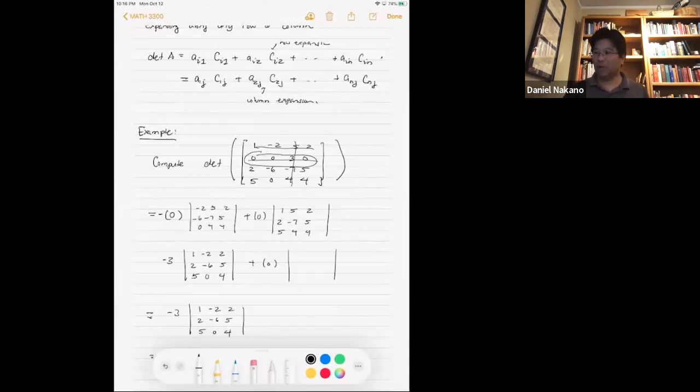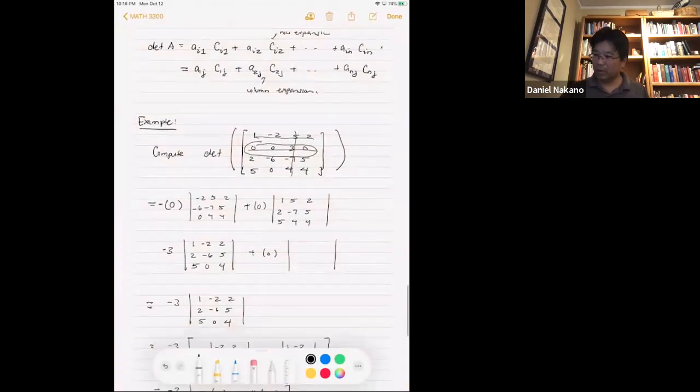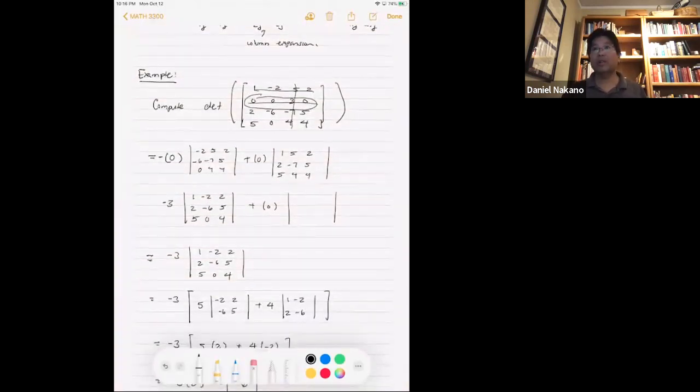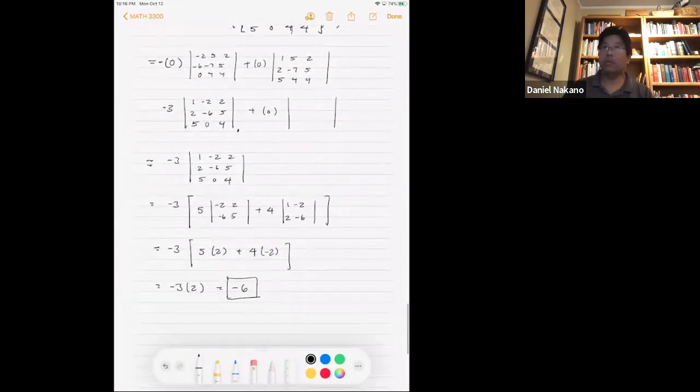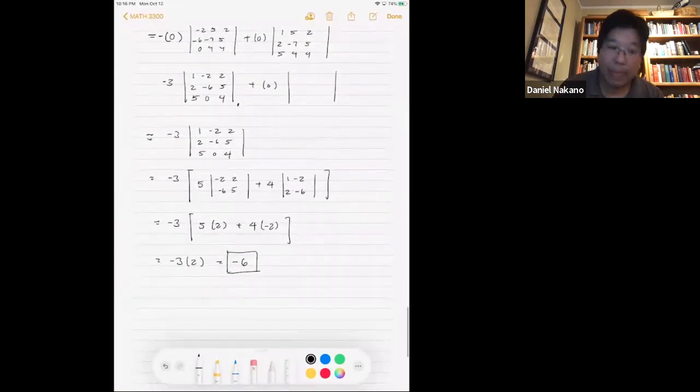So the first time we picked the second row, and then we reduced it down to a 3x3 situation. And then we looked at this matrix over here. And we saw that the third row actually had more zeros than any other row. So we expanded along that one. And then we reduced it down to 2x2 matrices, and then we got the answer.